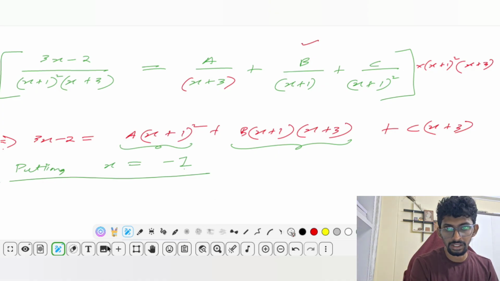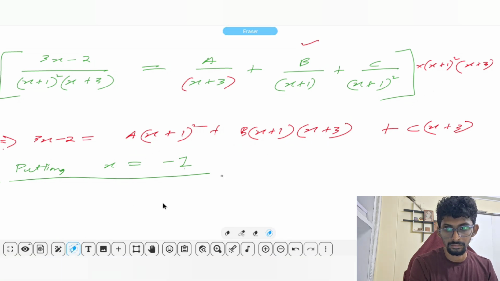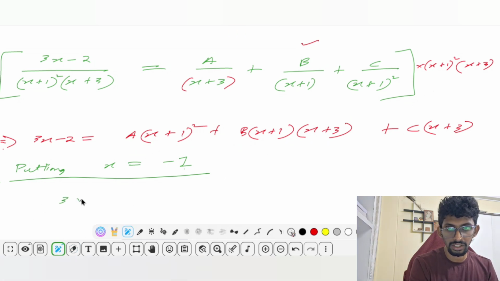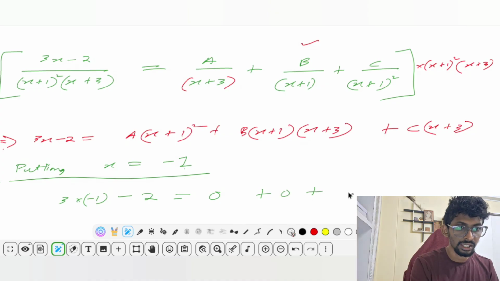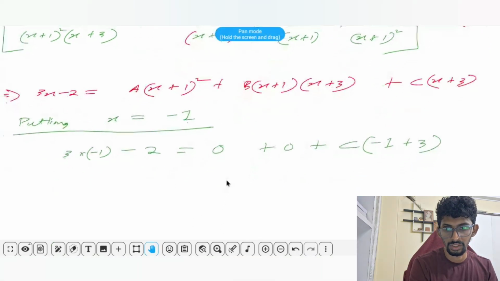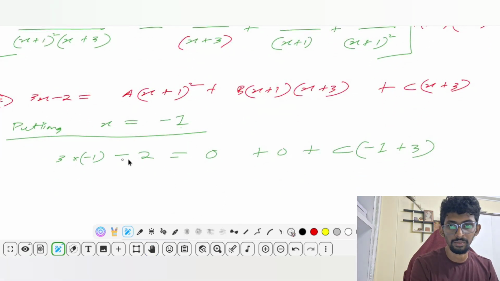So we will get 3 times minus 1, because in place of x we substitute minus 1, minus 2 equals 0 plus c times minus 1 plus 3. Next, 3 times minus 1 is minus 3, minus 2 is minus 5, equals c times 2. So the value of c will be minus 5 upon 2.